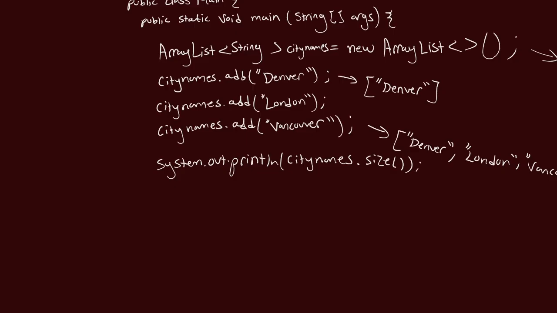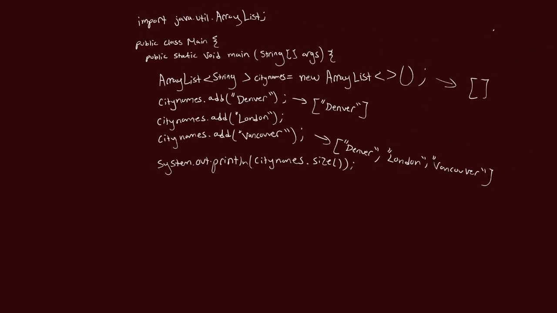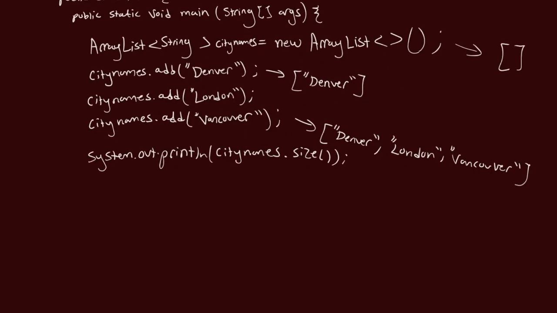Recall in a regular array, you would just call .length. Here you call .size, and this will just give you 3. If you want to get a certain index of an array, you don't do it like square brackets with the index value. What you do is you use .get, and then you pass in the index value. So if you do 0, this should just give you Denver.